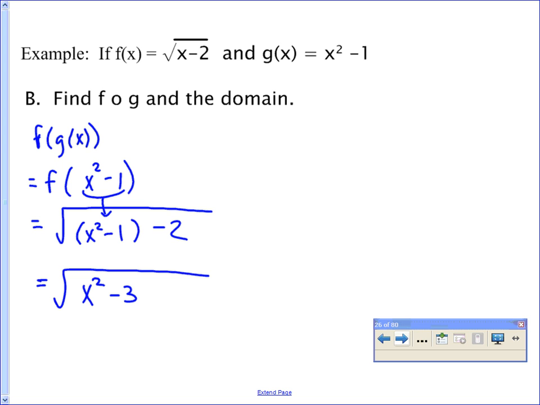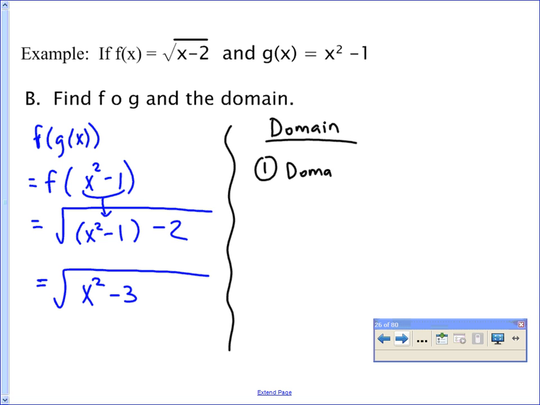Okay. Now we have that, we can find the domain. When I'm finding the domain, number 1, I'm going to find the domain of my inner function, which in this case is g of x. And that is going to be the domain of this here, and you don't have any variables in the denominator.